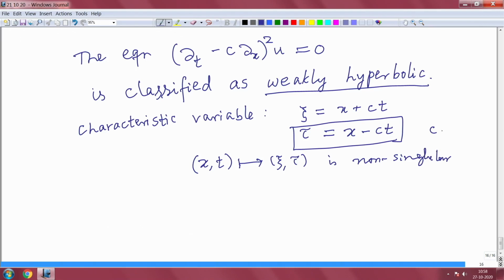We are assuming of course c not equal to 0. If c is 0, then the equation reduces to an ODE. So, it is not even a PDE.